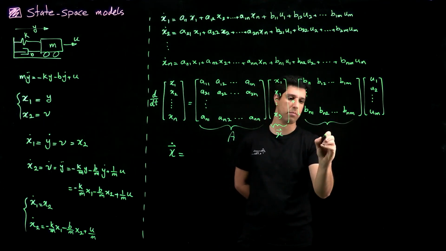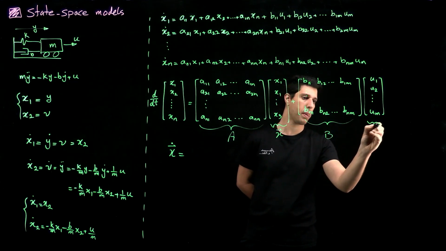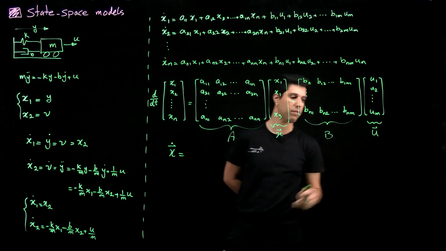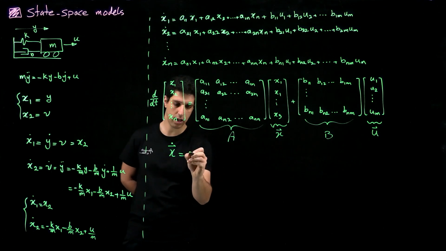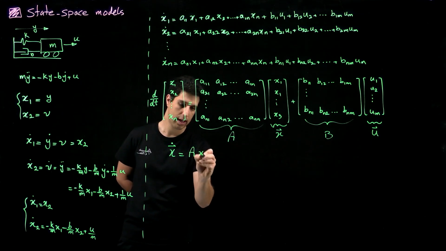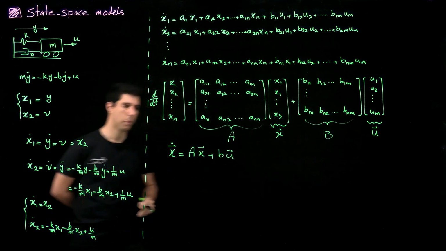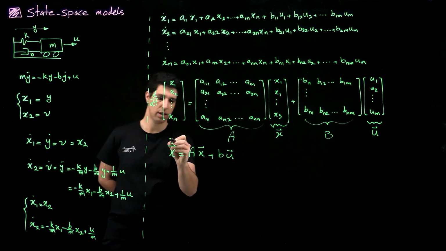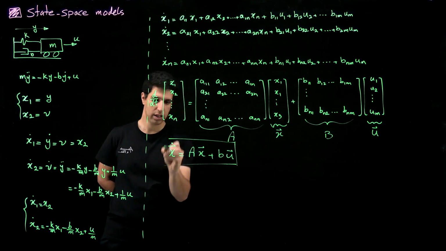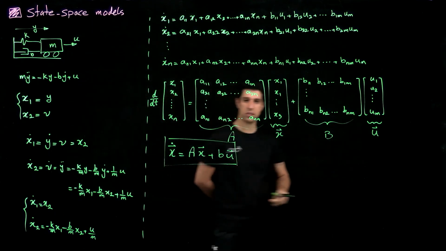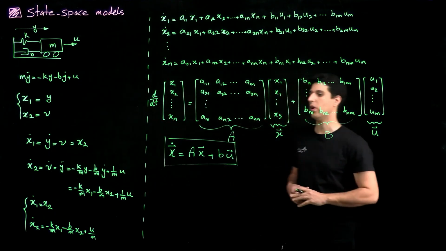Let's call this matrix B, and this is the vector u. So x dot equals Ax plus Bu. This is the kind of equation we will be working with from here on.